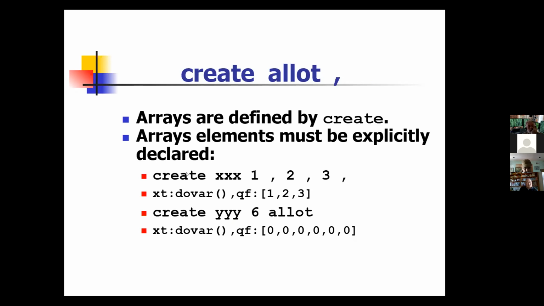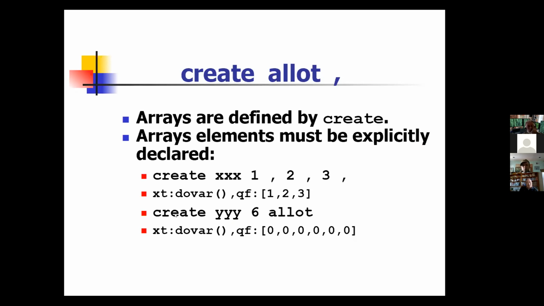So here, if you create an array called XXX, you have to initialize the items with 1, 2, and 3, and in the system, the XXX will have do-while in its code field, and in its QF field, it will have 1, 2, and 3.